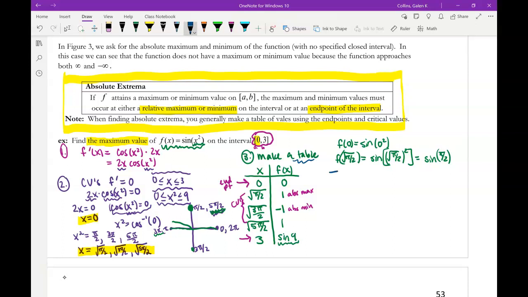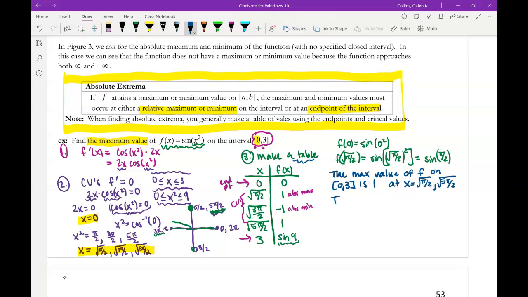So we could say the maximum value, and in absence of the word relative or local, the implication is that it's absolute or global. So the maximum value of f, or f of x, on the closed interval from 0 to 3 is 1, and we could say that this occurs at x equals the square root of pi over 2 and at x equals the square root of 5 pi over 2.